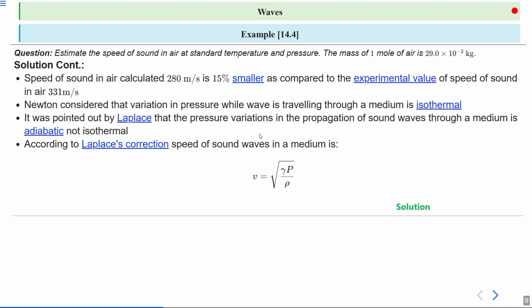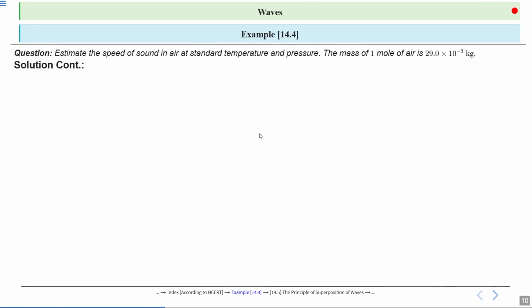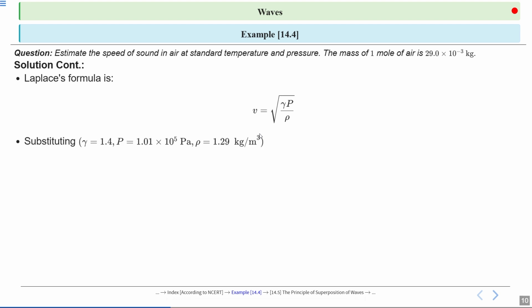Now, Laplace formula is V equal to under root gamma P divided by rho. So let's substitute the values for air at standard conditions. Gamma is 1.4 for air.